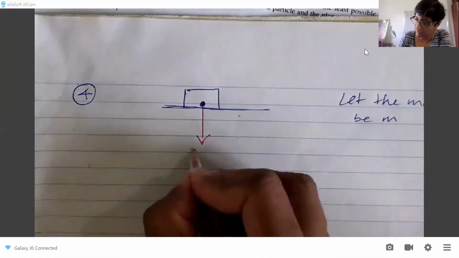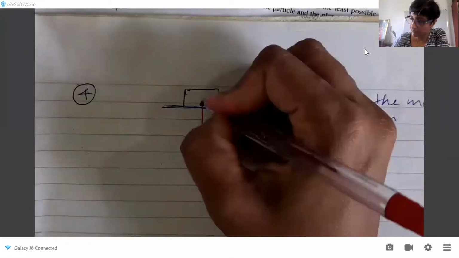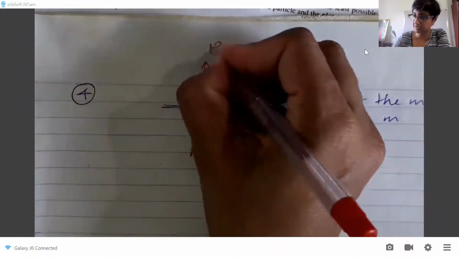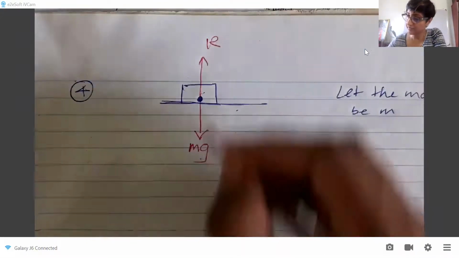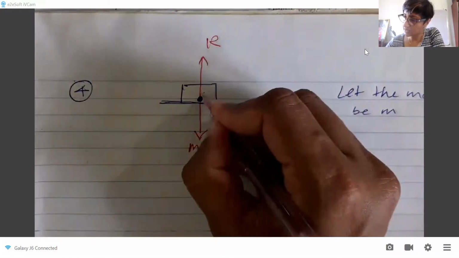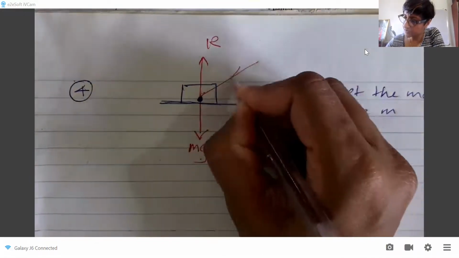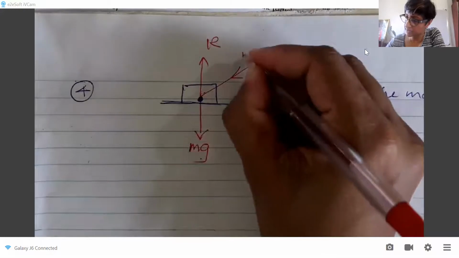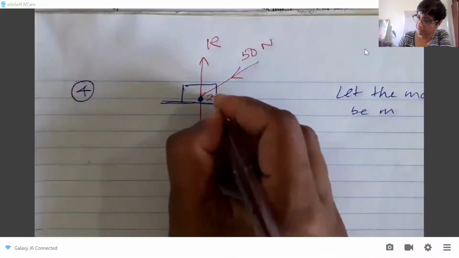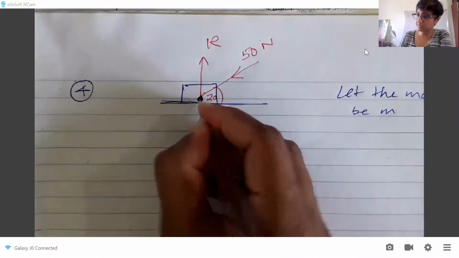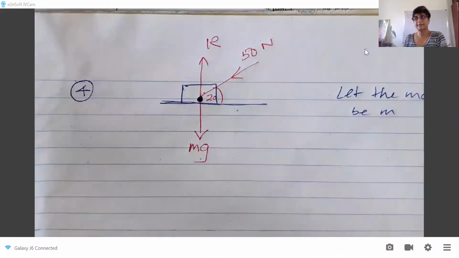Then the weight of the object would be mg, and then I would have the reaction force acting directly upwards. Those would be the first two to mark. And then you have this force acting this way, that is 50 newtons at an angle of 20. It's always convenient to consider your object as a point, so all your arrows pass through that point.